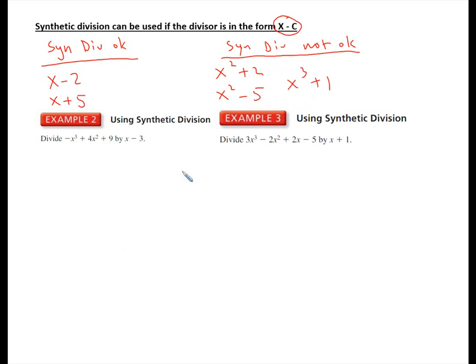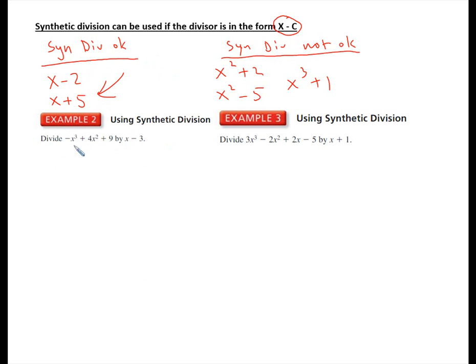Okay? So if you're dividing by something that looks like this, you can use synthetic division. And synthetic division makes the process much, much faster. But there are only specific types of problems when we can use synthetic division. So synthetic division here, so example 2.